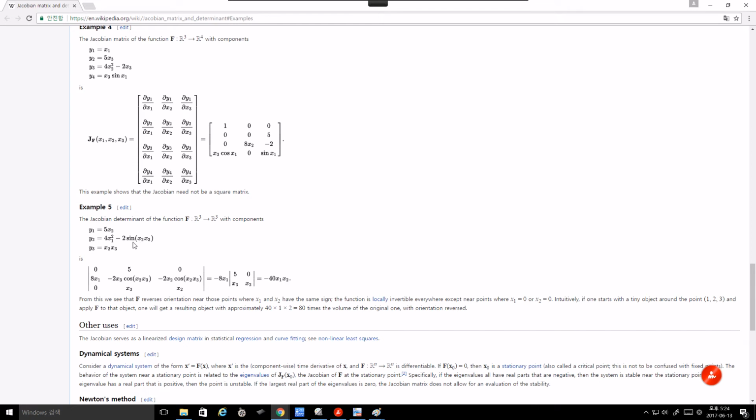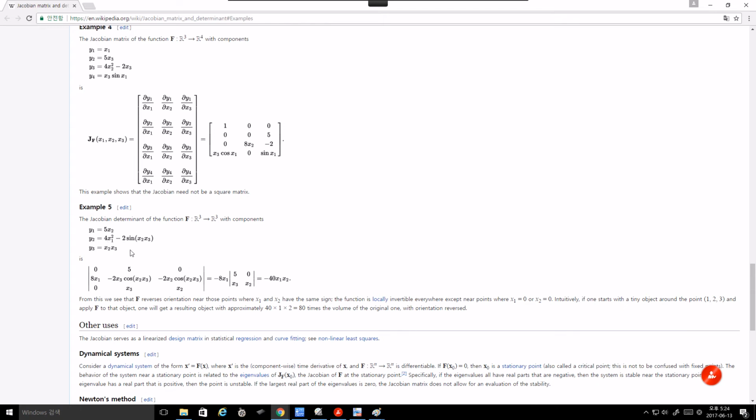For the sine we need to use the chain rule, so sine becomes cosine, so minus 2, and by the chain rule x3 comes out, so minus 2x3 cosine x2x3. Now third column, we take the derivative with respect to x3, so the first one has no x3, so it is 0.